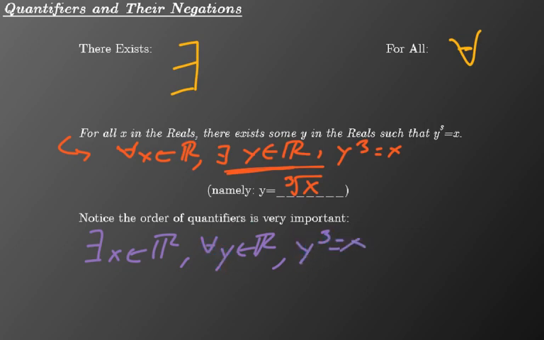So that means I can cube all the real numbers and I get one fixed x. So 2 cubed equals negative 3 cubed, and so on. All these equal x. That doesn't make sense.